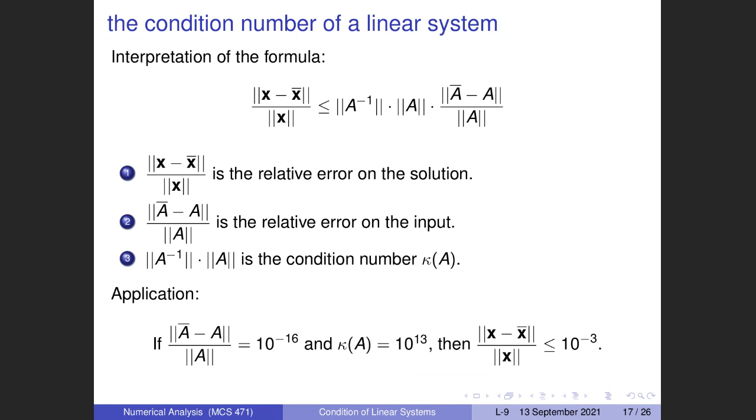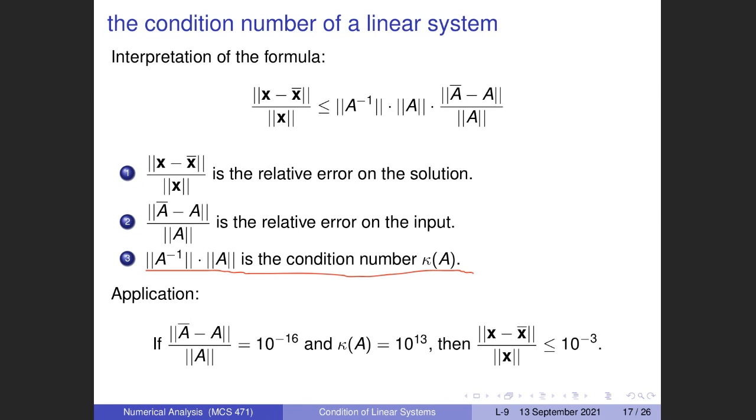The formula has 3 actors in it, and in some sense this is a definition. So kappa, remember the kappa from the root finding problem. Here we also have a kappa for linear system solving.